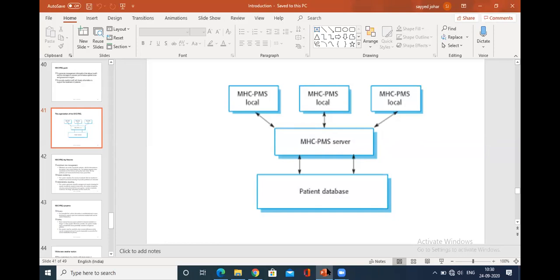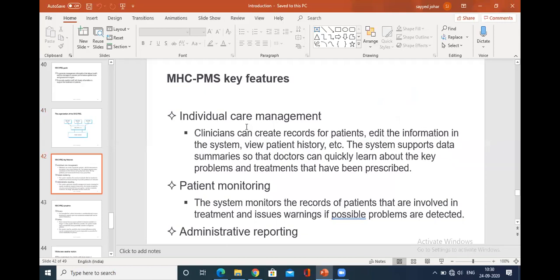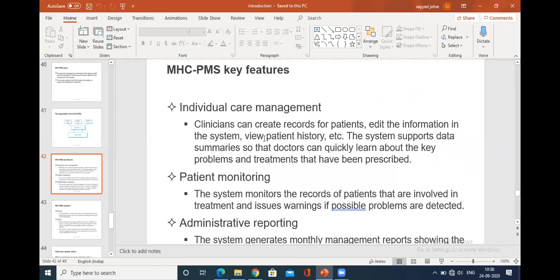There are a few key features of this system. What is this mental health care patient management system? It helps you in individual care management.